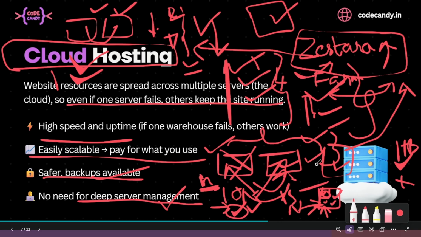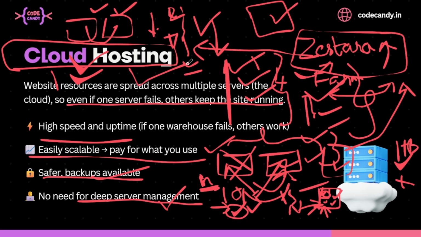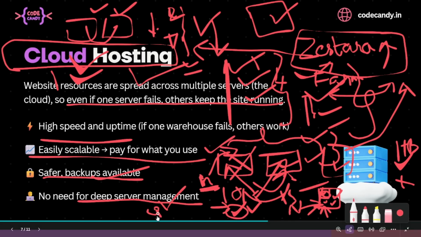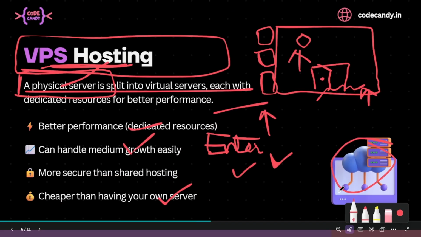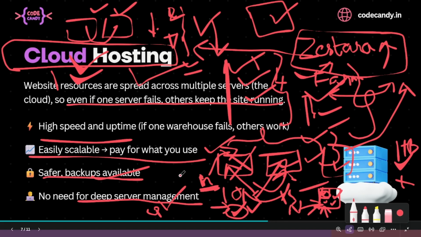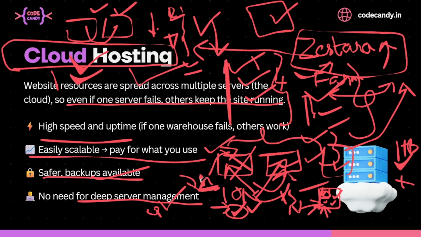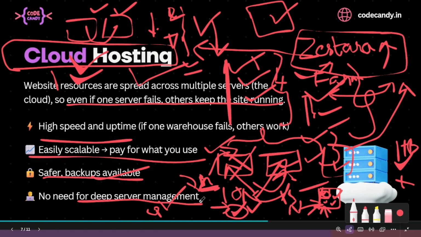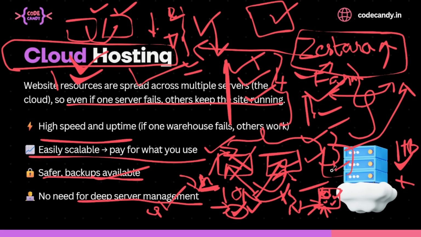For streaming channels also, cloud hosting is very useful. People from other countries can also open your website, and the request will automatically hop to the nearest server. If anyone opens my website in America, it will use the America server. From there my website is downloaded, so they will get all the updates very fast. But in dedicated hosting the speed will not be there. In cloud hosting we get global access very easily.